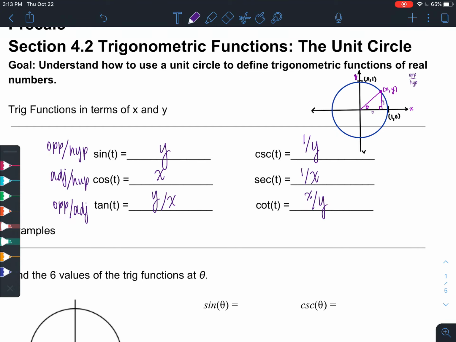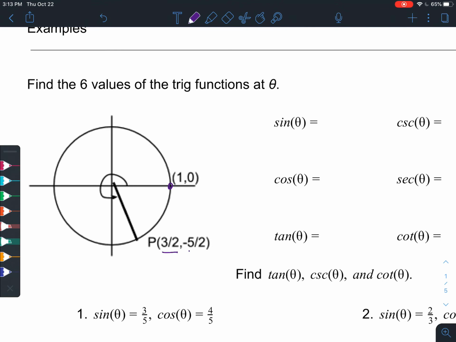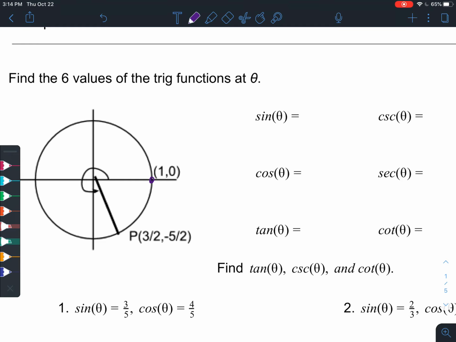So here, let's do our first example. It says this point is 1, 0. And so then this point here is negative 3 over 2 and negative 5 over 2. So sine, I'm just going to draw this up here.